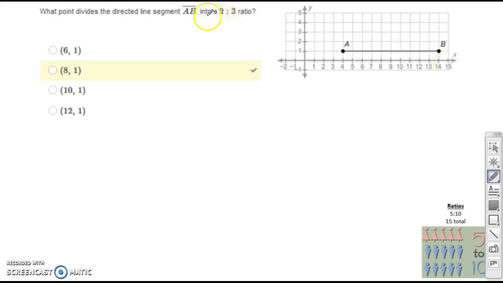So if I want to partition it or divide it in a 2 to 3 ratio, that means I want to split it apart into 5 total segments, 5 equal segments. So the length of AB, if I just count the length here, is 10 units. If I want to divide that into 5 equal sections, I know each section is going to be 2 units long. So I'm going to go ahead and divide that.